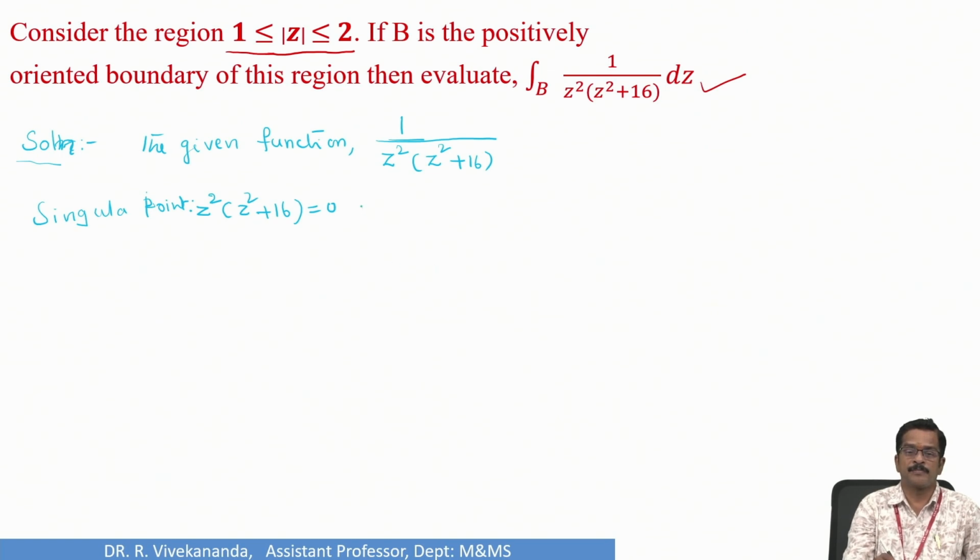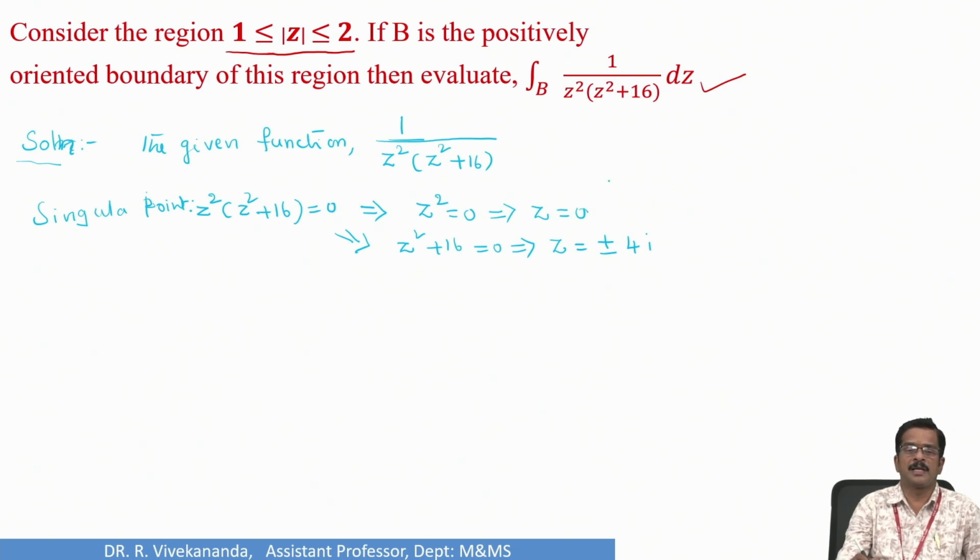So from this, z square into z square plus 16 equal to 0 means z square equals 0, that implies z equals 0. And the other one is z square plus 16 equal to 0, that implies z equals plus or minus 4i. So these are the singular points.